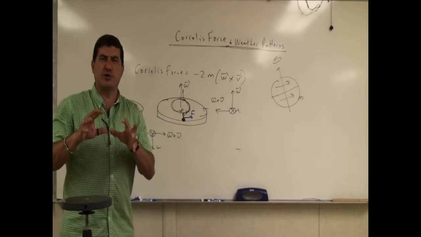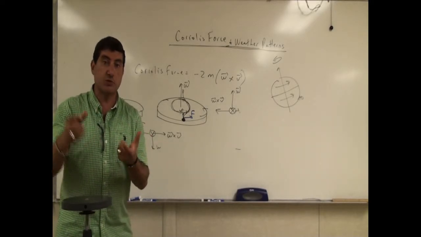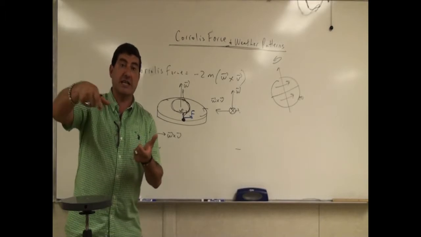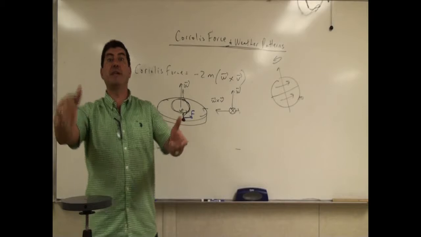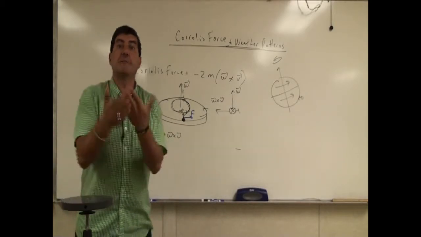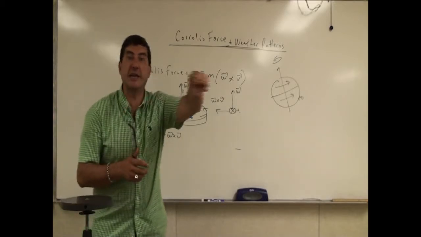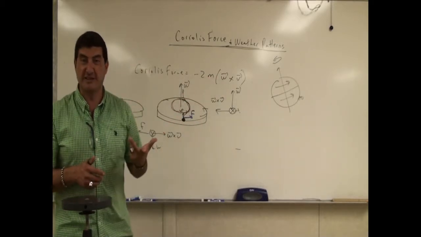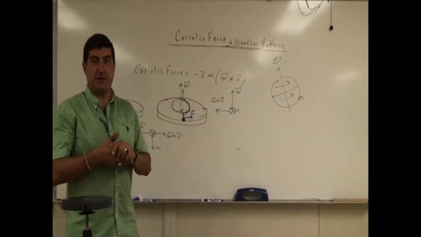So the Coriolis force is almost like an imaginary force caused when you are on an object that is rotating. You might be traveling in a straight line, but because that object is rotating with respect to another reference frame, there appears to be a force on you with respect to the stationary reference frame, which is making your overall path curved, right? So this is how the weather patterns are created.